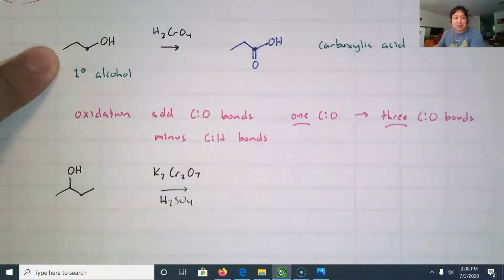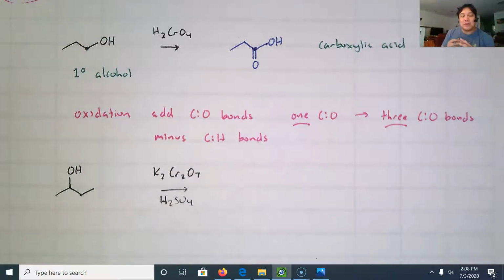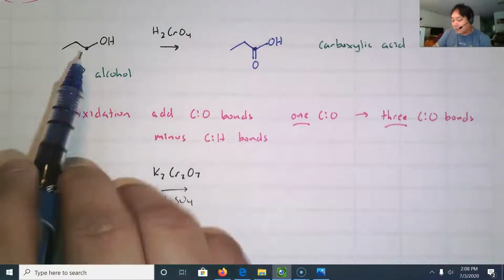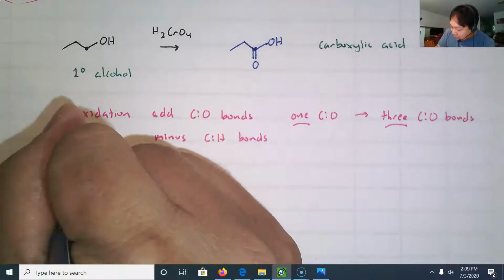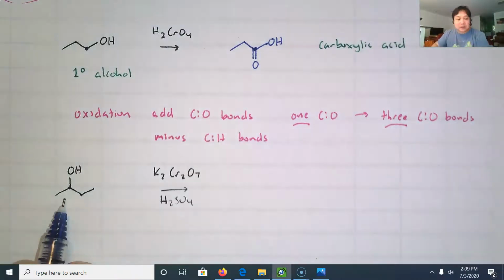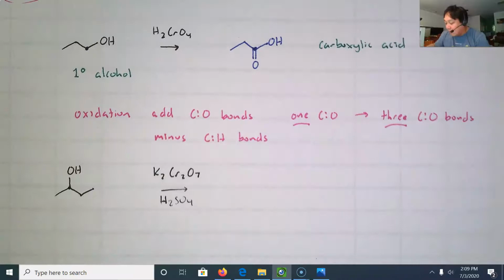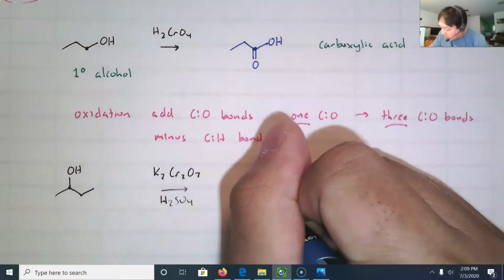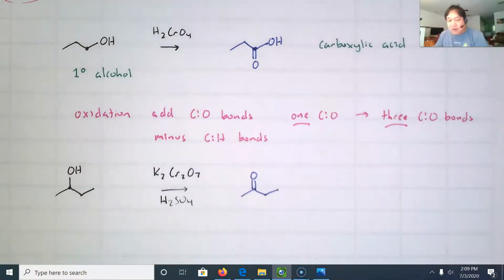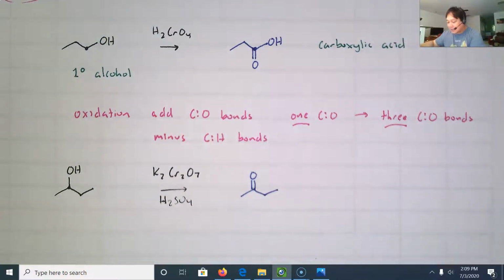Take a look at our example here, and it looks like from the line structure we added as many bonds to oxygen as possible, and we remove 2 hydrogens. But if you take a look at this ketone, it only has 1 hydrogen. So we could remove that 1 hydrogen and create the ketone. Did I say ketone? Secondary alcohol.